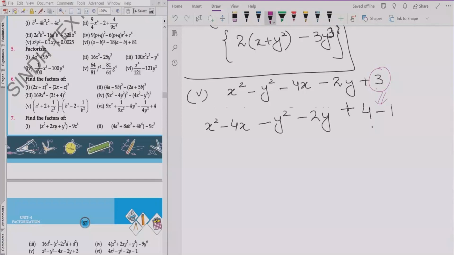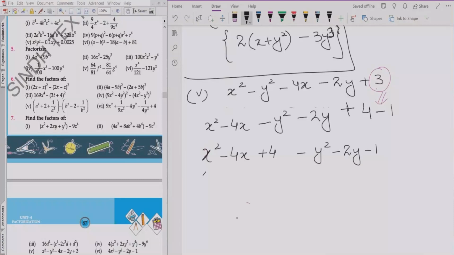Why do we do this? Because we want to make two perfect squares here. So first we will arrange it like this: x square minus 4x, and after that we will give 4 here, and here we have y square minus 2y and minus 1, right?